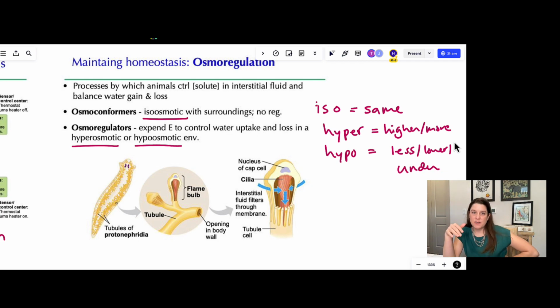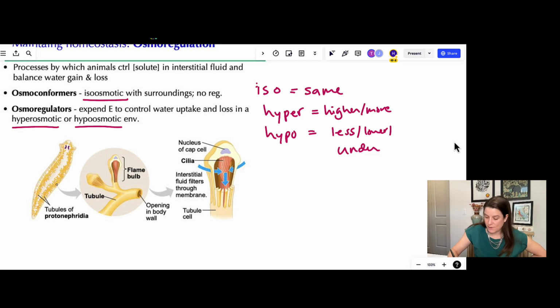So hyperosmotic would mean that they have a higher concentration of something than the environment, and hypoosmotic would mean they have a lower concentration of the solute, which is also related to how much water there is. So the lower concentration of the solute would sort of mean it has more water pressure inside or less water pressure. So what is going to be regulating this is all those osmoregulatory systems.